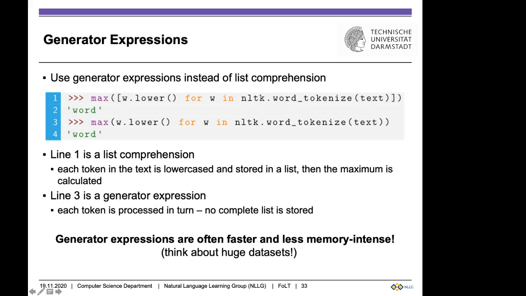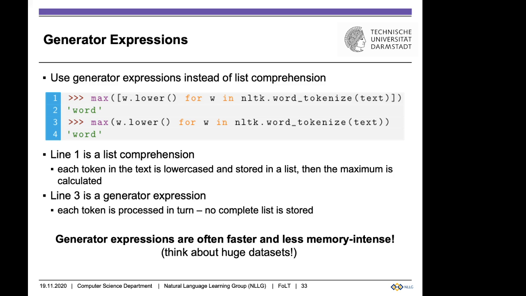Now let's look into a unique feature in Python, which is called generator expressions. For example, we are dealing with a task in which we aim to find the maximum value from a list of lowercase words.